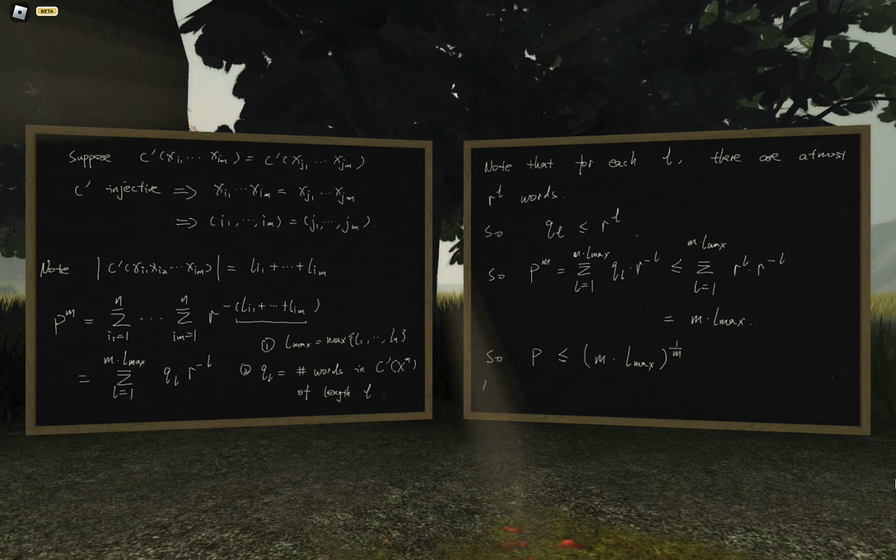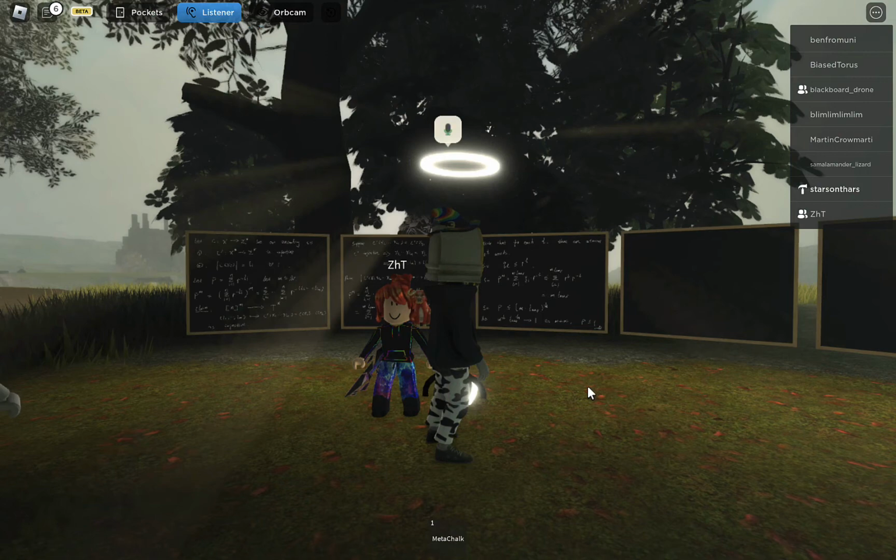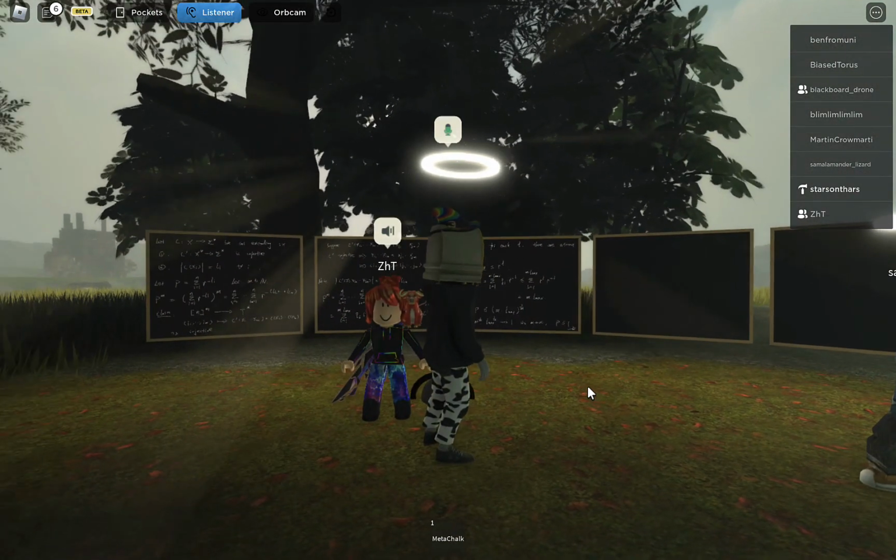And we also know this converges to 1 as m goes to infinity. Then this tells us p has to be less than or equal to 1. That is so for each m. Quite clever.